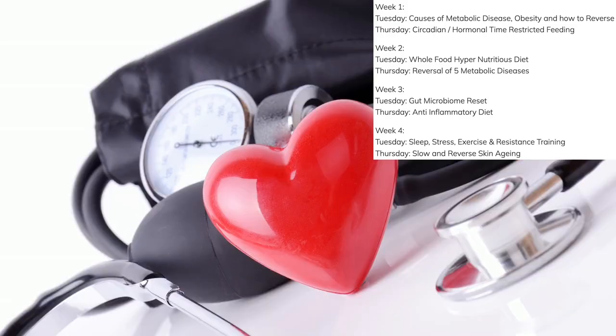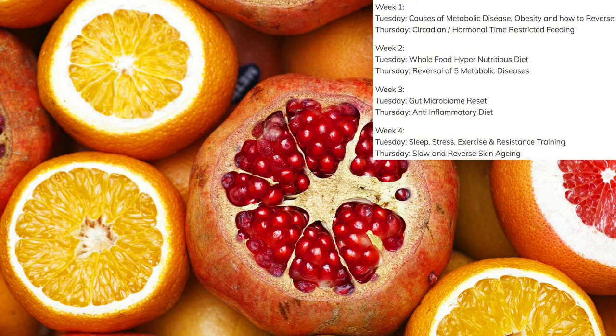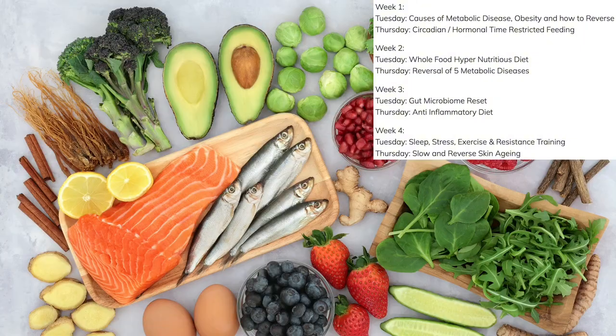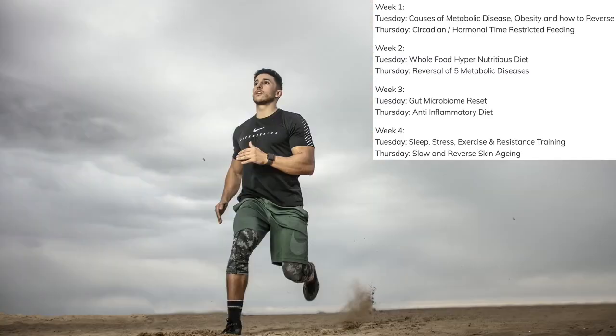These 5 conditions are metabolic syndrome, fatty liver, pre-diabetes, pre-hypertension, and PCOD, a whole food hypernutritious diet, gut microbiome reset, anti-inflammatory diet, sleep, stress, exercise and resistance training, and we also have a session on reversal of skin aging.